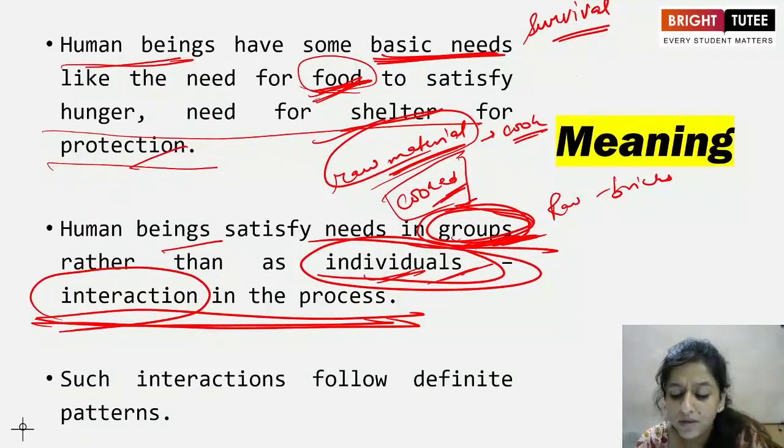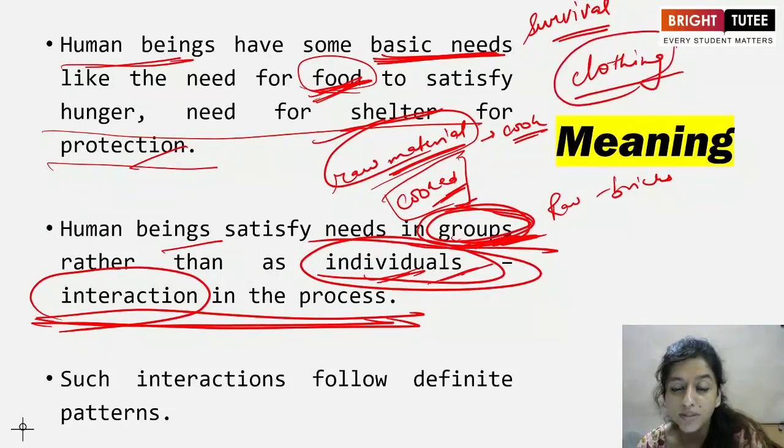In exactly the same way, when we talk about clothing, it is not you who's getting the fiber, getting the fibers processed, getting the raw material, getting those very thin threads knit, and then getting a shirt as your end product.